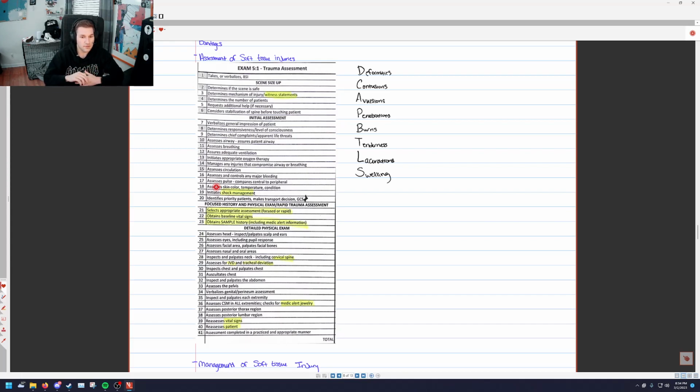You're losing water out of your bathtub, and just keep them warm, just so you can promote that clotting. The colder a patient is, the slower those molecules move, and the warmer you can keep them, the better. We have, of course, our focused history and physical exam, and then our head to toe.